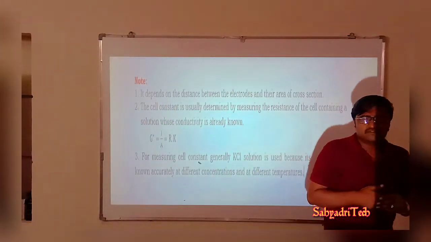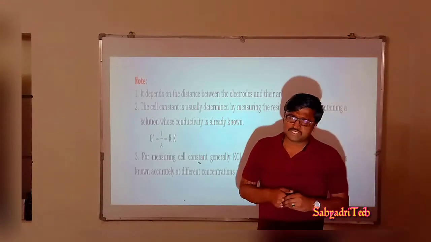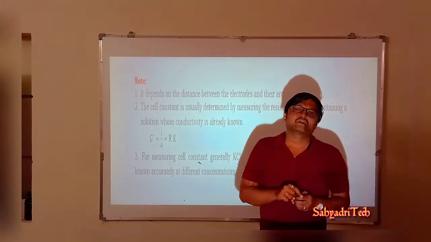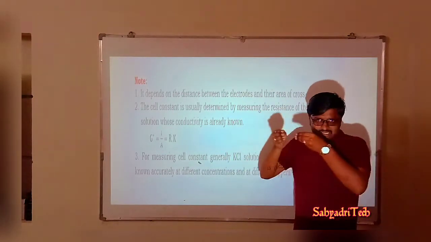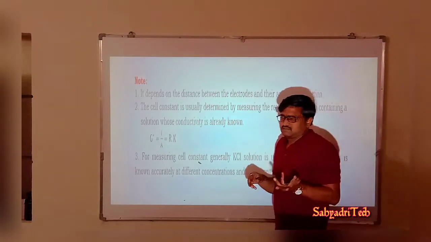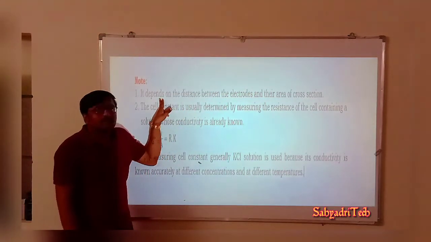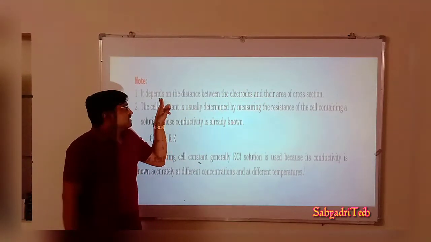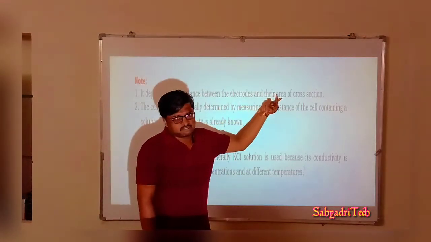As we said, the formula is G star equals L by A, which means the cell constant depends on the distance between the electrodes, that is the length, and the area of cross section. So overall, the first point here is that the cell constant of a conductor depends on the length as well as the area of cross section.